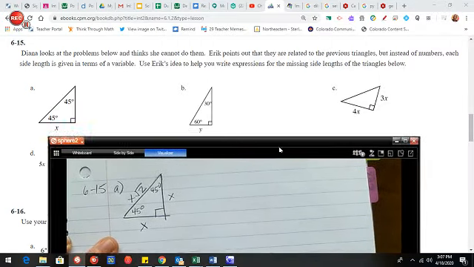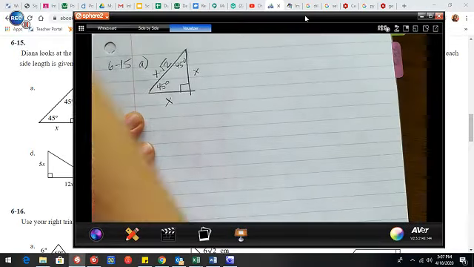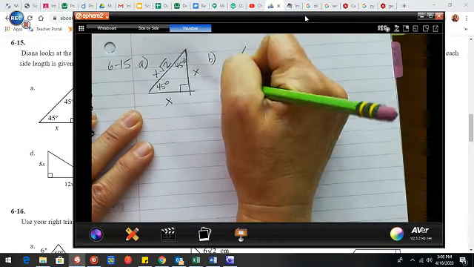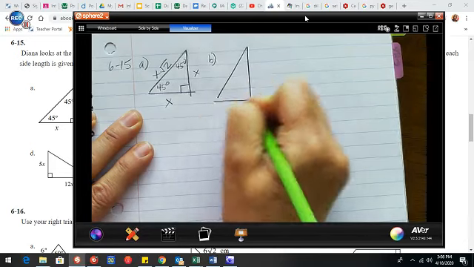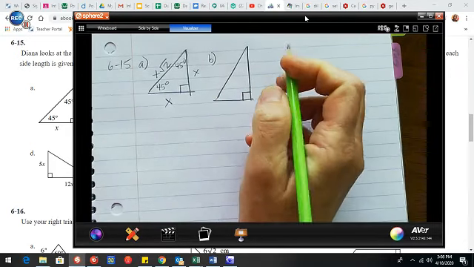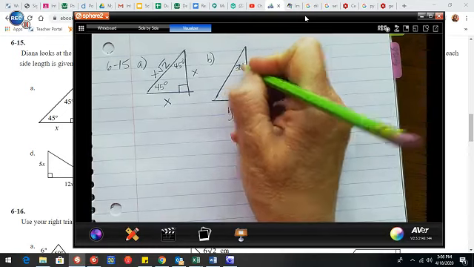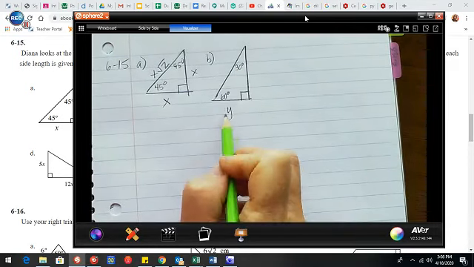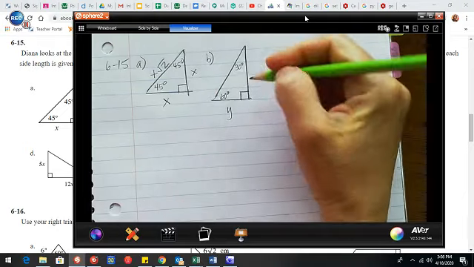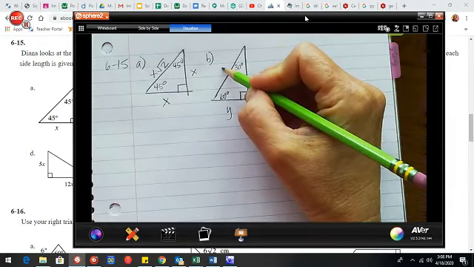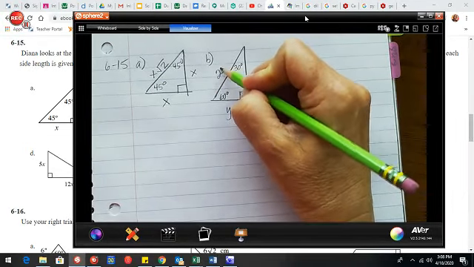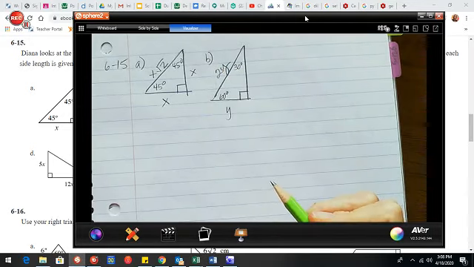Okay, for part B, you have a 30, 60, 90 triangle, and y is the short leg. So your hypotenuse would be, can you figure out what this would be? 2y. It's always double that short leg.